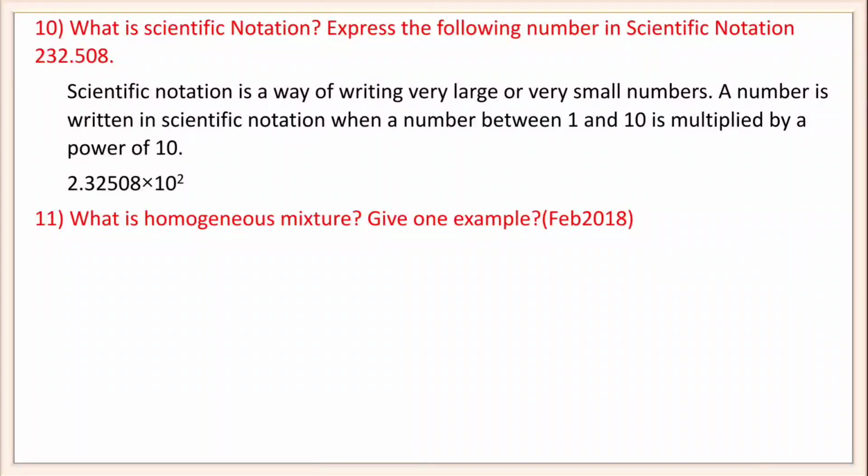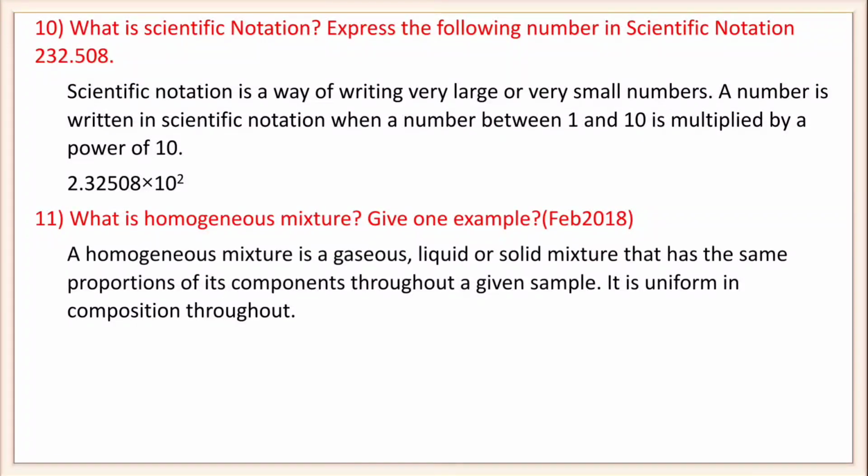What is a homogeneous mixture? Give one example. A homogeneous mixture is a gaseous or liquid or solid mixture that has the same proportion of its components throughout a given sample. Meaning is, it is uniform in composition throughout. Wherever you want to calculate, the composition is the same throughout.